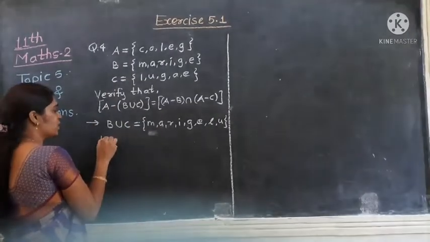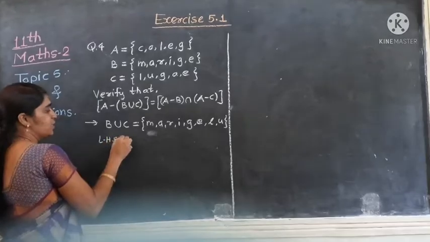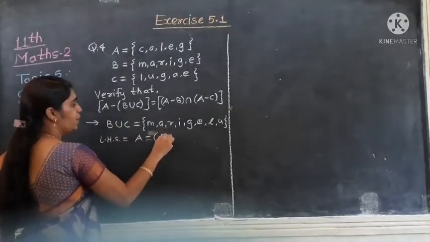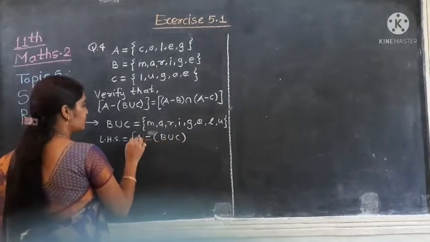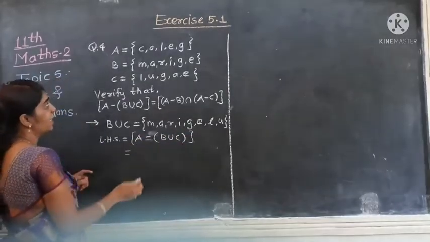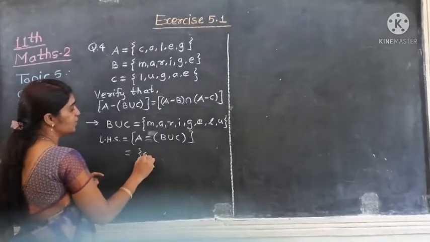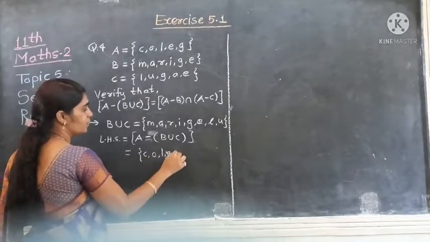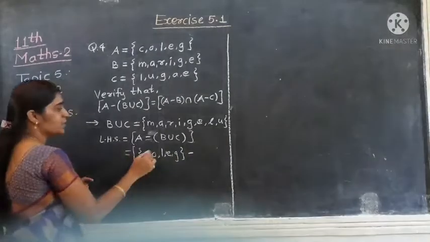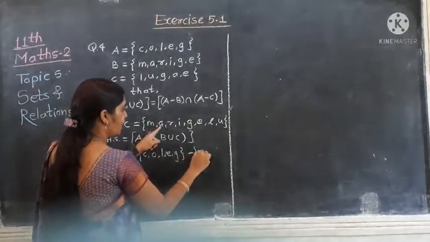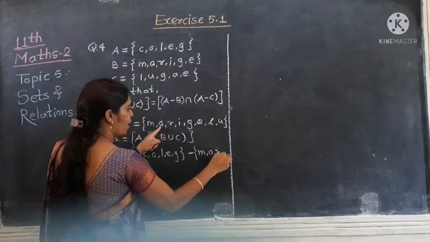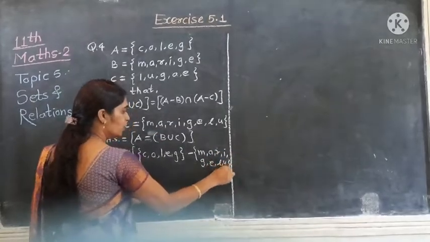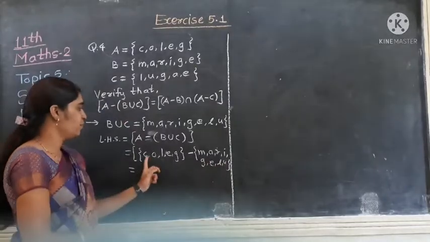Now we write LHS. LHS is equal to A minus B union C. What is the set A? Observe here C, O, L, E, G minus this set M, A, R, I, G, E, L, U. You have to subtract these.